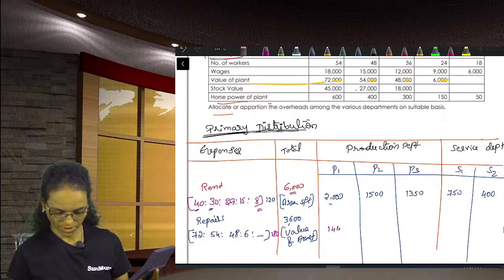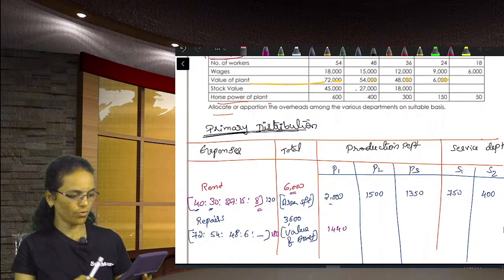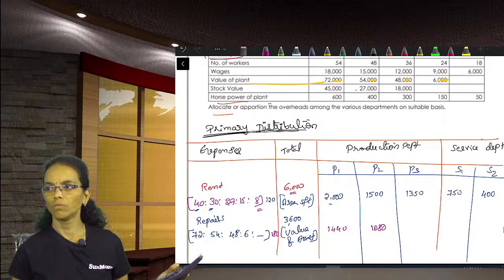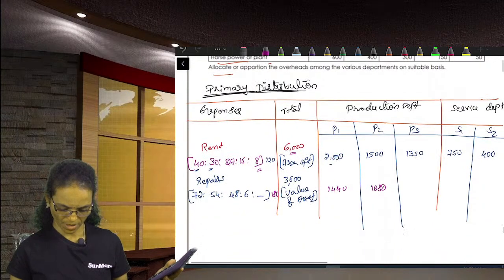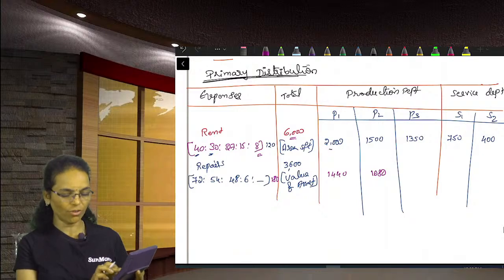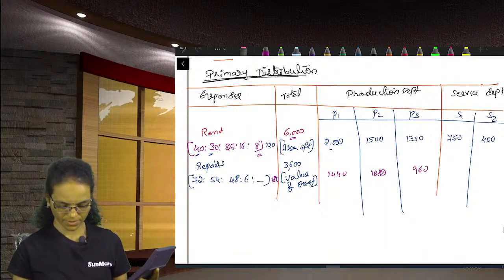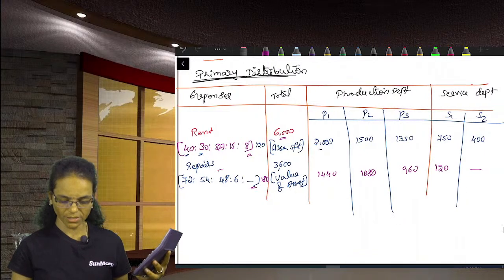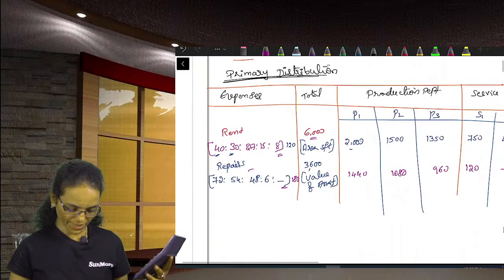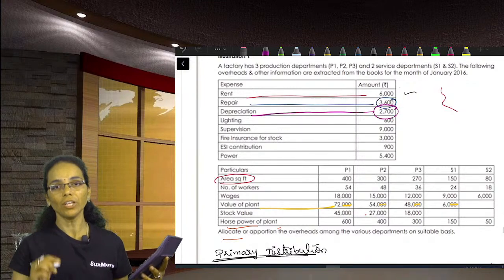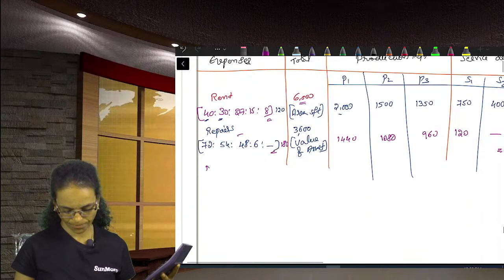At last, 0, you leave blank. 72 plus 54 plus 48 plus 6 is 180. 72 divided by 180 into 3,600 is 1,440. 54 gives 1,080. 48 gives 960. 6 gives 120.